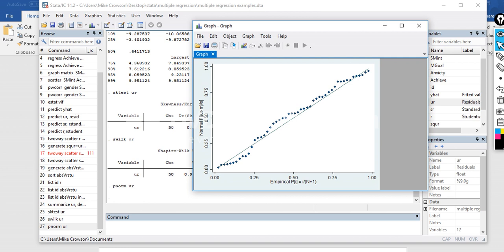What we're looking for is that the data points follow reasonably closely to this line. In places where the data depart substantially, that might be evidence of a departure from normality. So the data are largely consistent. It looks like they're following pretty closely to the line. It's not perfect, but it's not enough to give me a whole lot of pause concerning that issue.